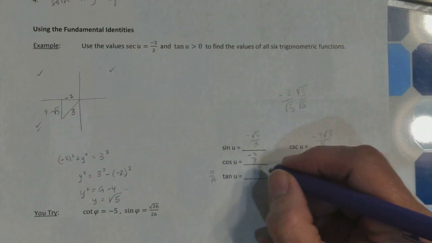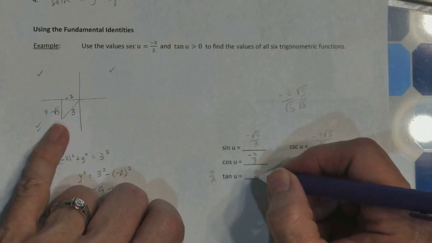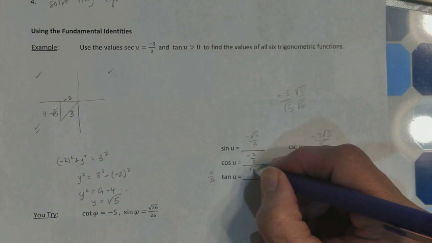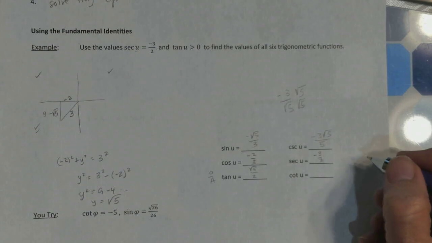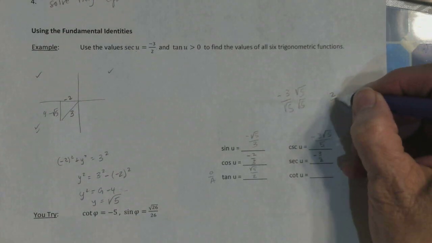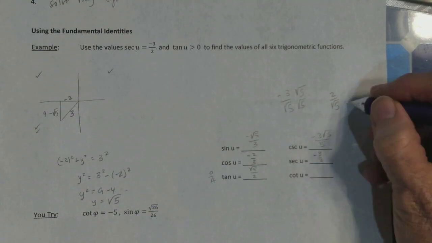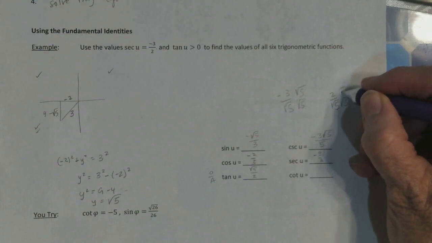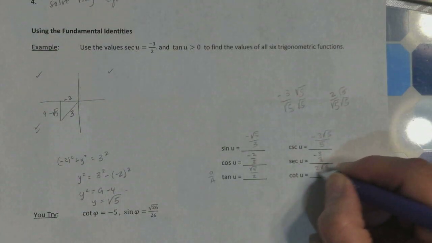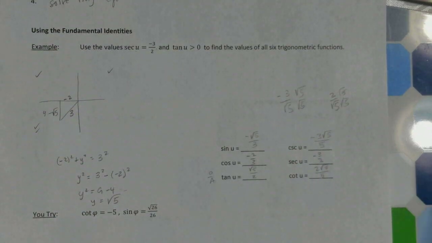Tangent, remember, is opposite over adjacent. Opposite is negative square root 5. Adjacent is -2. So this ends up being a positive square root 5 over 2. Cotangent is that reciprocal. Again, it has to be rationalized. So this is going to be 2 square roots of 5 over 5.